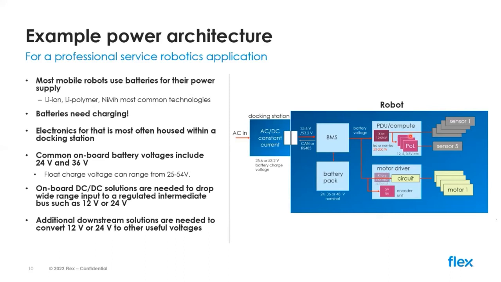The secondary stage would then take that 12 or 24 volt rail and convert it down to secondary voltages such as 12 volts, 5 volts, 3.3 volts, etc. Those are different voltages that might be needed by the different sensors, the different electronic circuitry, encoder units, as it shows here, for example.